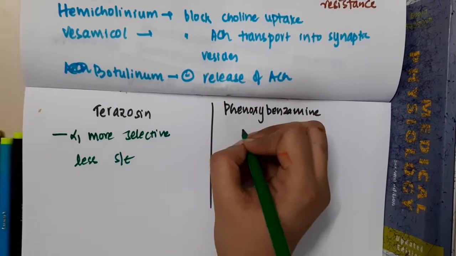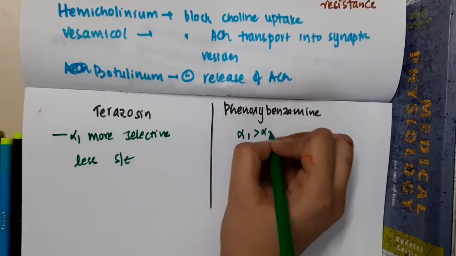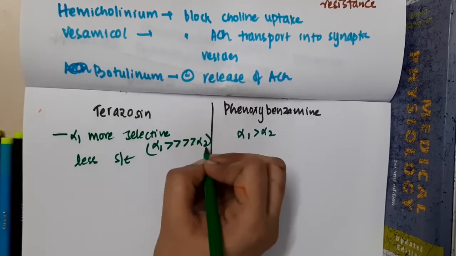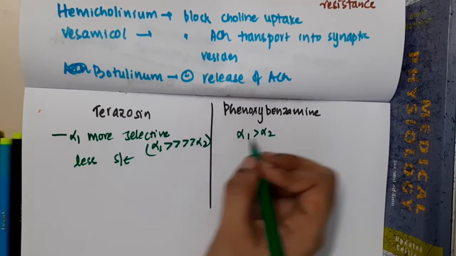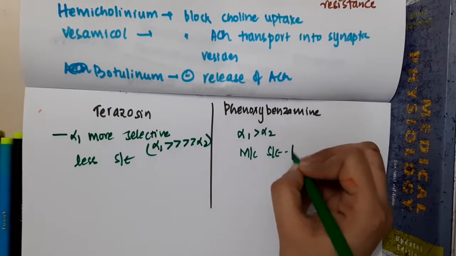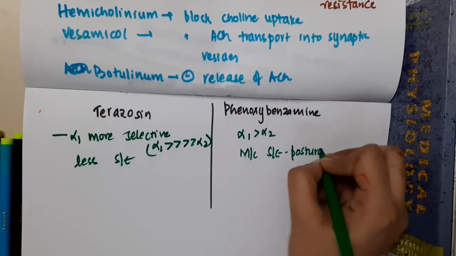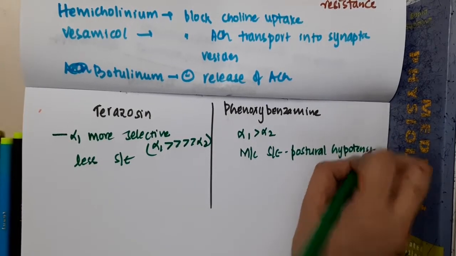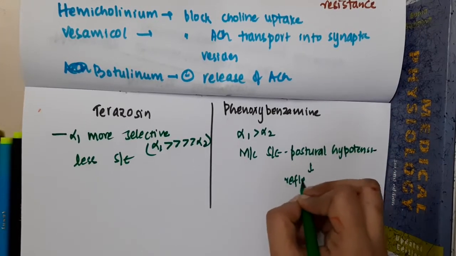Whereas phenoxybenzamine is selective for alpha 1 more than alpha 2, but it is not as selective as terazosin. In phenoxybenzamine, the most common side effect is postural hypotension. Postural hypotension leading to reflex tachycardia is seen in phenoxybenzamine.